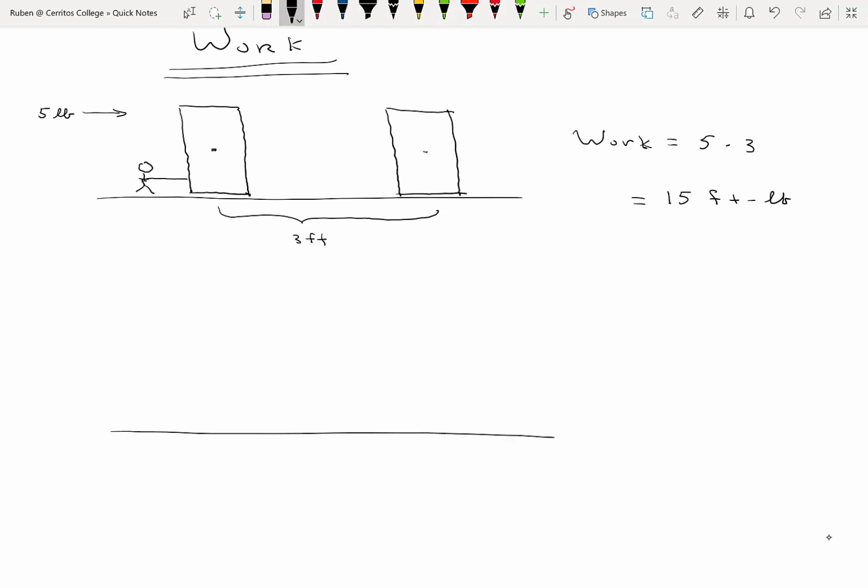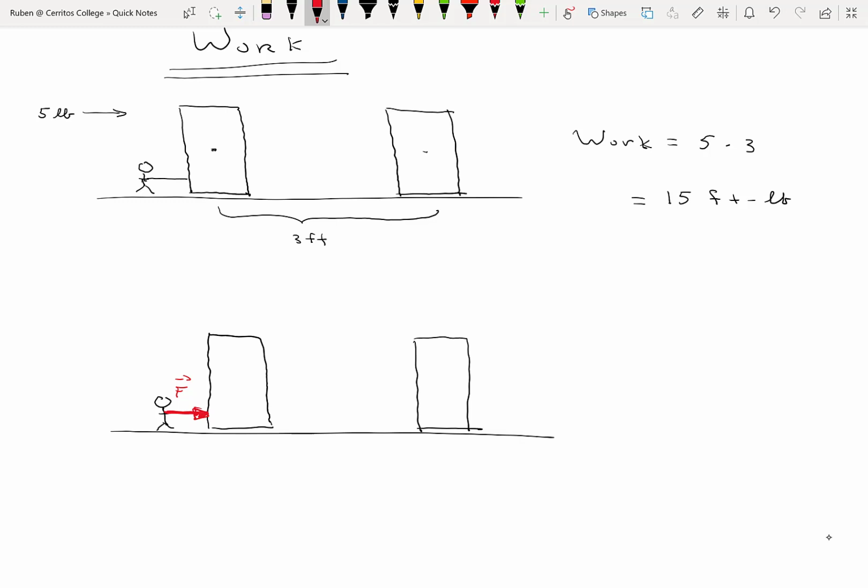Same situation. Same refrigerator, same initial and final positions for the refrigerator. The person is still applying 5 pounds of force, but I'm going to get a vector in here. I'm going to represent the vector by this little red arrow. That is the force vector.